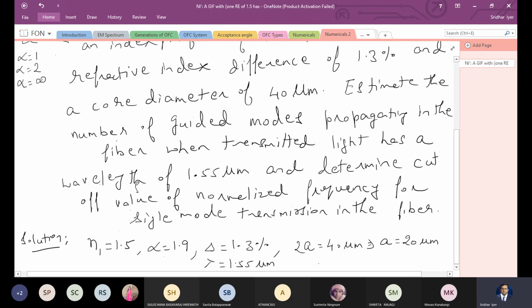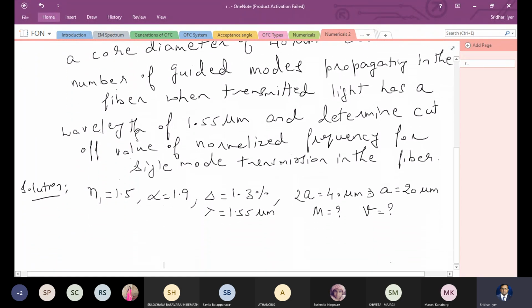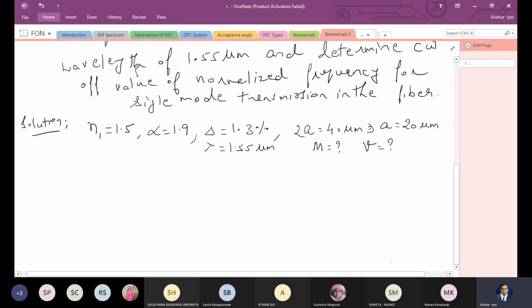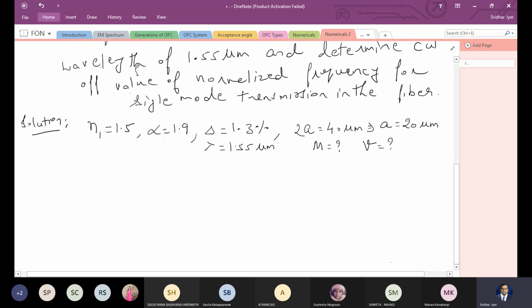What we are supposed to find is number of guided modes, that means M. And we are also supposed to determine the cutoff value of normalized frequency, that means we are also supposed to find the V number. Another name for V number is the normalized frequency, and we are given that there has to be single mode transmission in the fiber. So these are the parameters which are given to us.